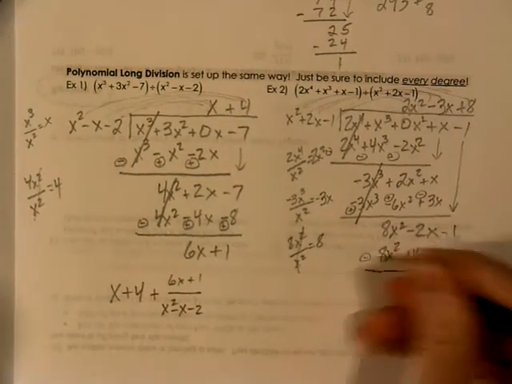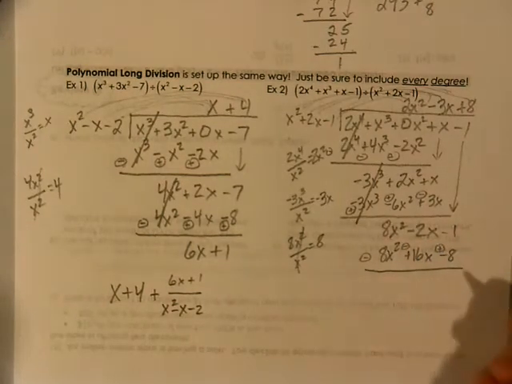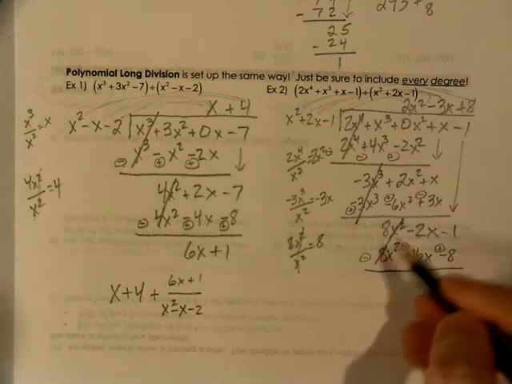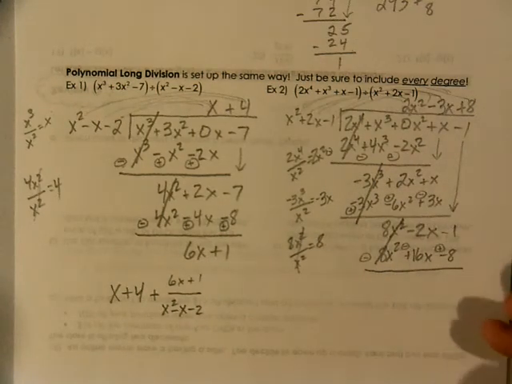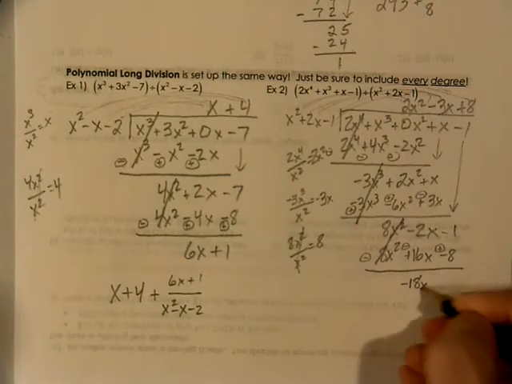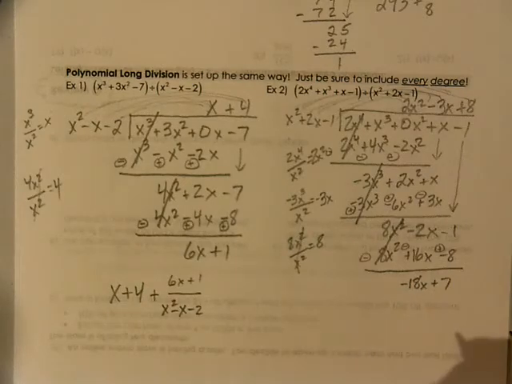Then go through and change the signs. So these cross out completely. They have to cross out. That's the whole point of what we're doing. This makes negative 18x and plus 7.